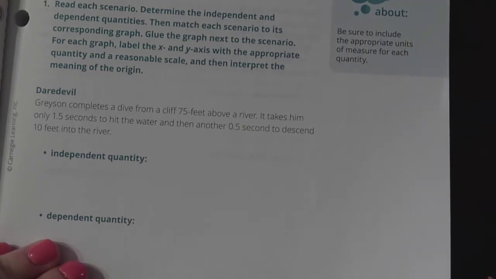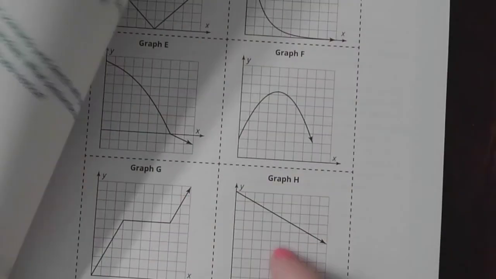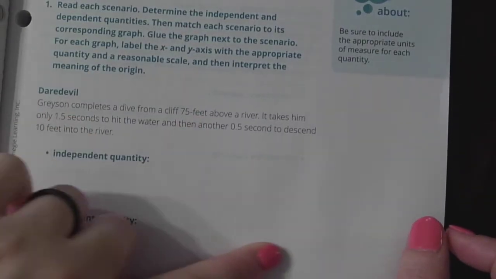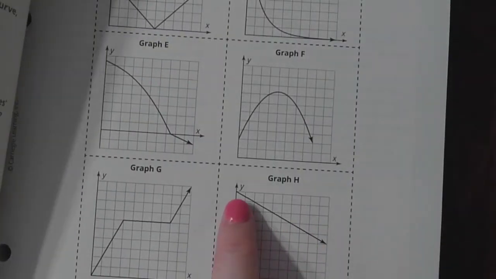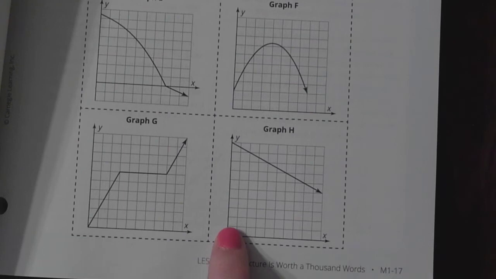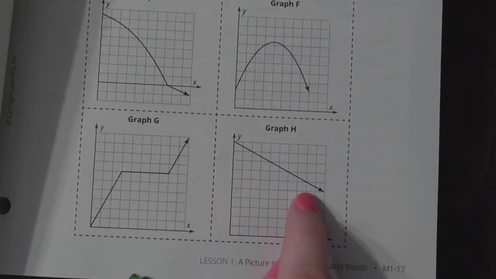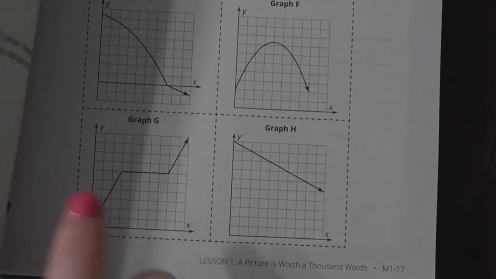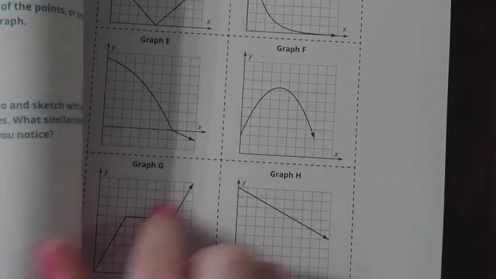Some of them are a little tricky. So Daredevil, or if you don't have scissors, you can just draw a sketch of the graph. A sketch is just a rough estimate. Like this one, I could just put the y-axis, the x-axis, and then have it start like that. It doesn't have to be exact, okay? So you're going to either cut these out or match them.